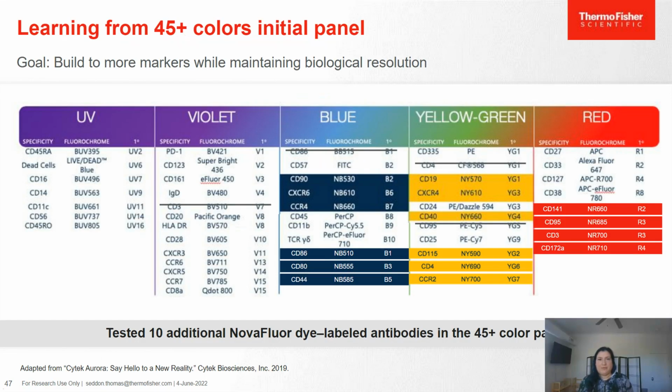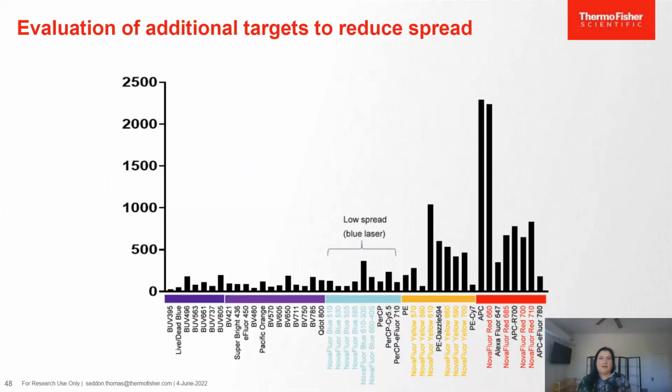And to show you an example of that data, this was some learning from the initial 45 plus color panel that we tested. I had added in 10 additional NovaFluor dyes, just to see what happened in terms of the spread and the unmixing. And so you can see here, this is a way to evaluate these additional targets. When you're looking at the blue laser, there's very little spread here. And this is showing you, in this case, the column sum.